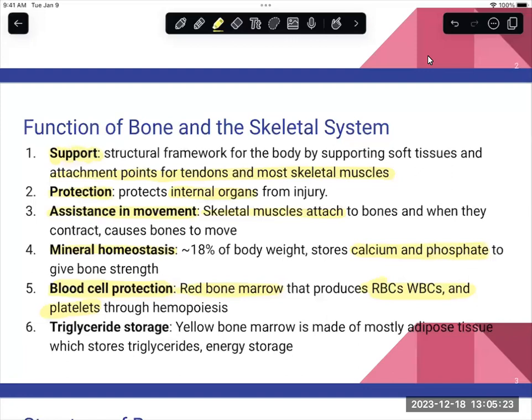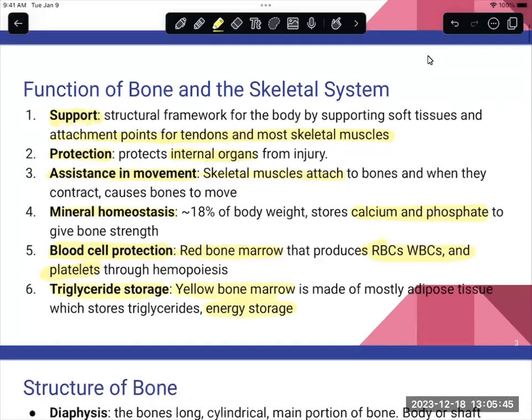Triglyceride storage: those fats are stored in the yellow bone marrow. Again, triglycerides are a form of energy, so we store some of our energy in our bones.